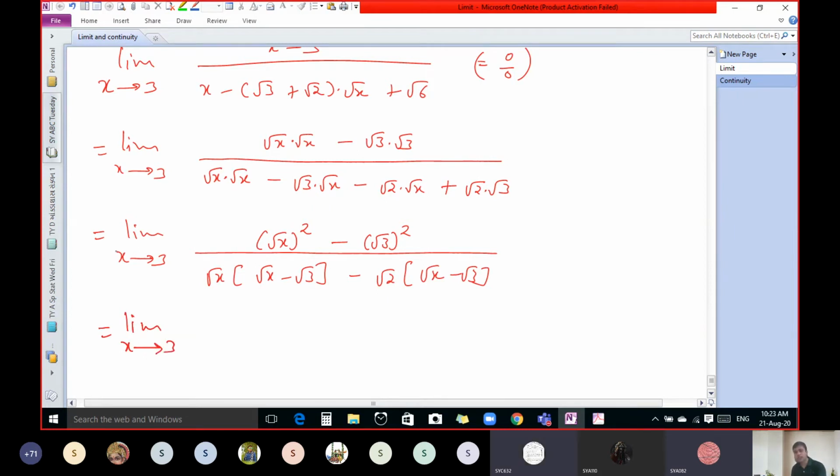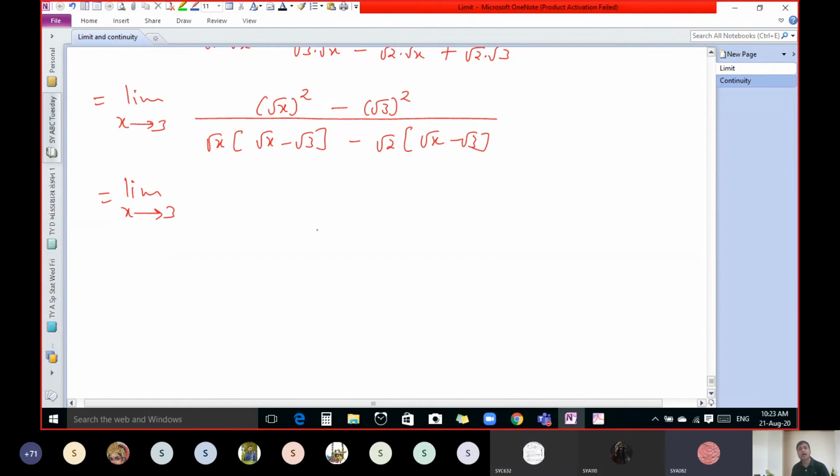Okay, so now let us continue. Now this numerator looks like a square minus b square. Take this as a, so a square minus b square. What is the factor? a minus b, a plus b. So what are the factors? Who will say? You tell me, I will write. Root x minus root 3, root x plus root 3.